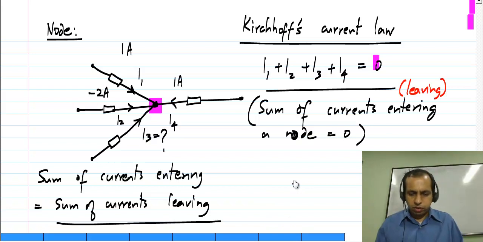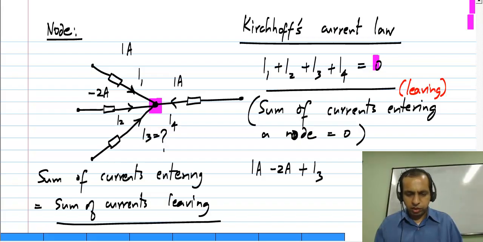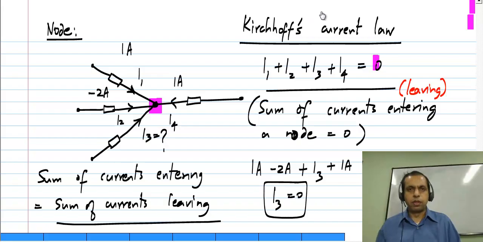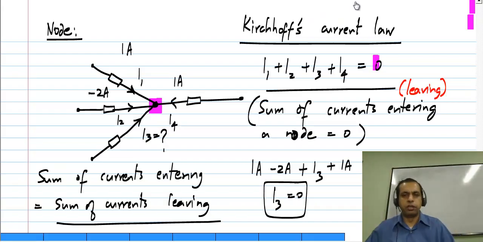We know that I1 plus I2 plus I3 plus I4 is 0. So that means that 1 ampere minus 2 ampere plus the unknown value of I3 plus 1 ampere equals 0. So this means that I3 has to be equal to 0. And for different numerical values of I1 and I2 and I4, you will get different values of I3.